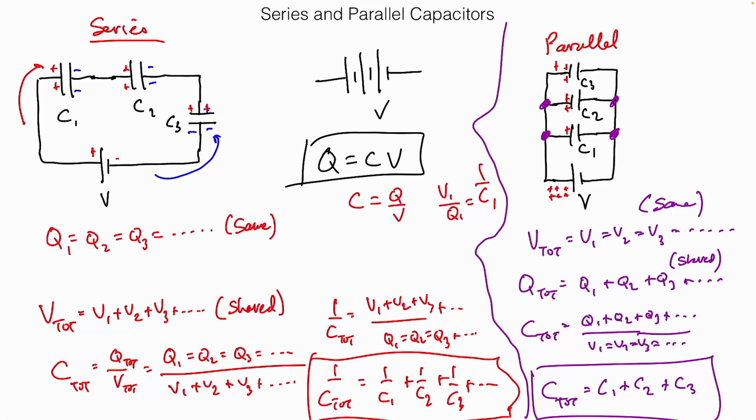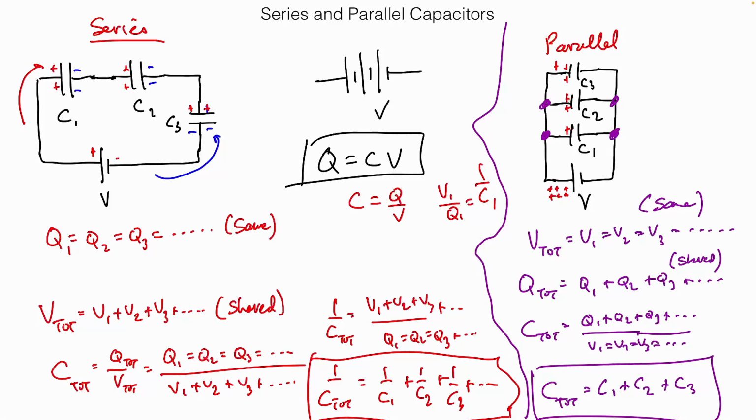Okay? But what happens with capacitors in series? Do they just add their capacitances together? They add their inverses. What does that mean? Well, 1 over 1 plus 1 over 2 plus 1 over 3 is a number that is much smaller than any one of the individual capacitors in there.